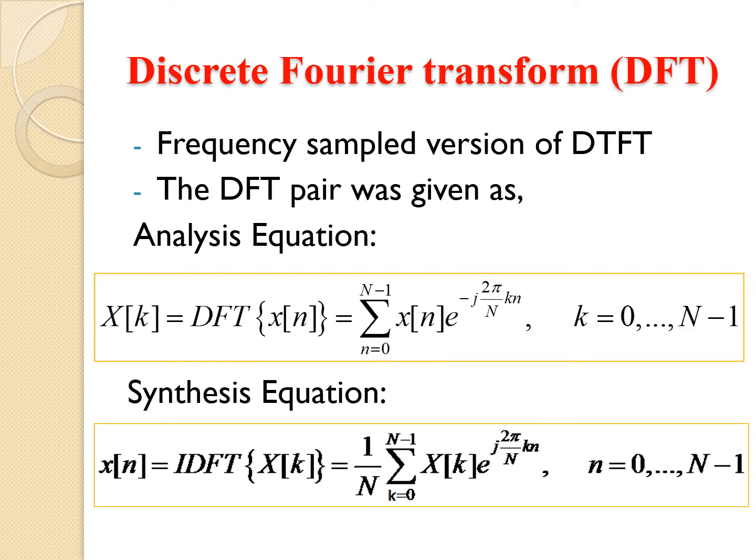And similarly, the inverse equation, also known as the synthesis equation, x of n, is the inverse discrete Fourier transform of X of k, that is equal to 1 by N summation over k is equal to 0 to N minus 1 X of k into e power plus j 2 pi kn over N for n ranging from 0 to N minus 1.